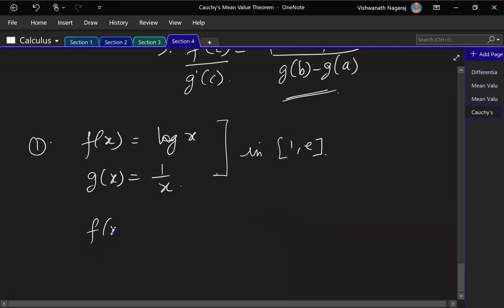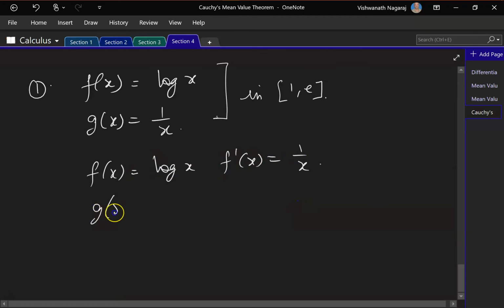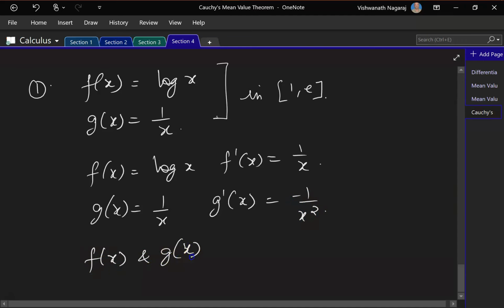Now f of x is equal to log x, so f prime of x is equal to 1 by x, g of x is equal to 1 by x, so g prime of x is equal to minus 1 by x squared. Now both f of x and g of x are continuous, be careful, in the closed interval [1, e].